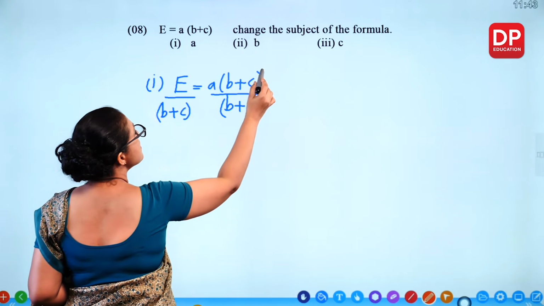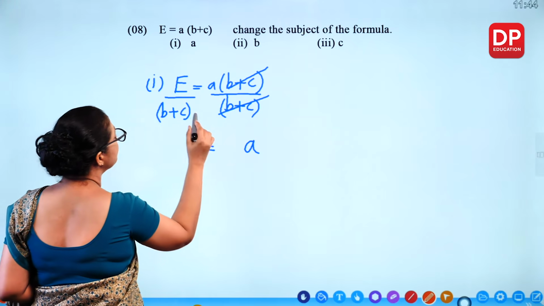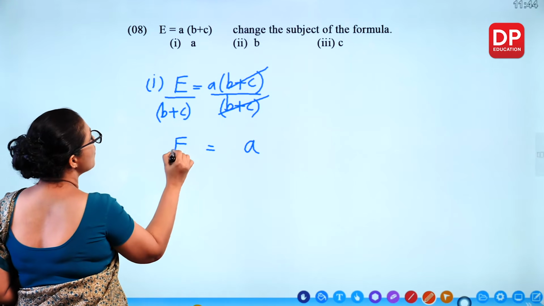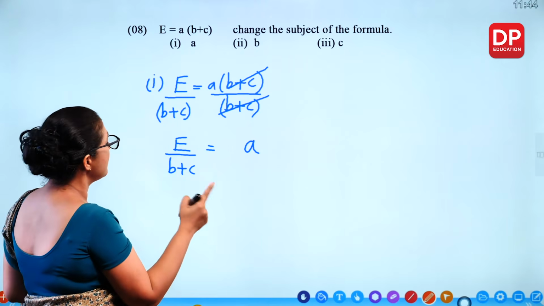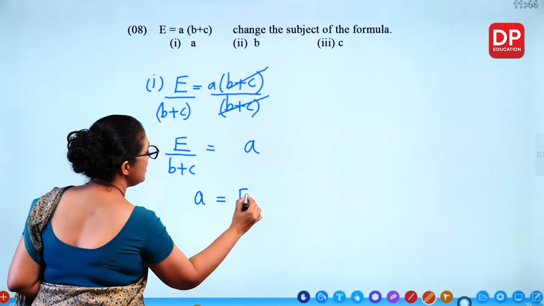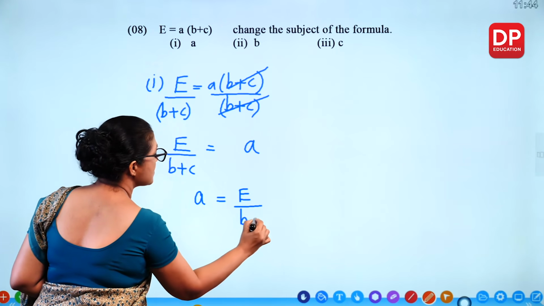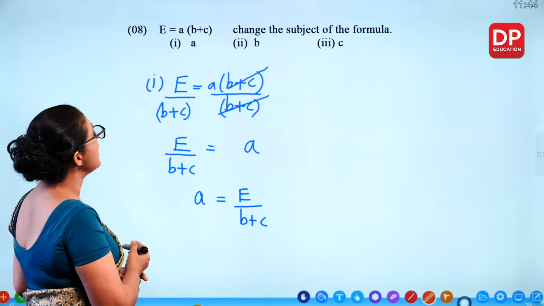Then this term gets cancelled out. You get A equals E over B plus C. So this is the subject of the formula A.